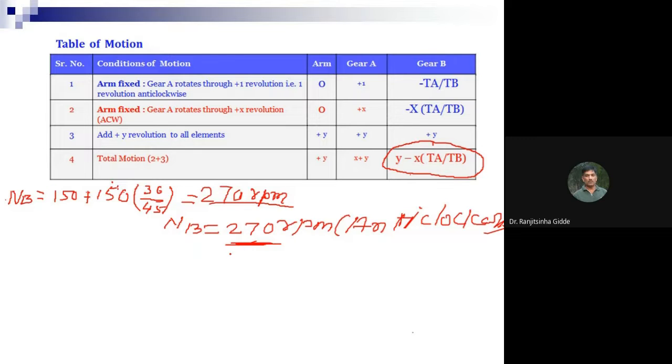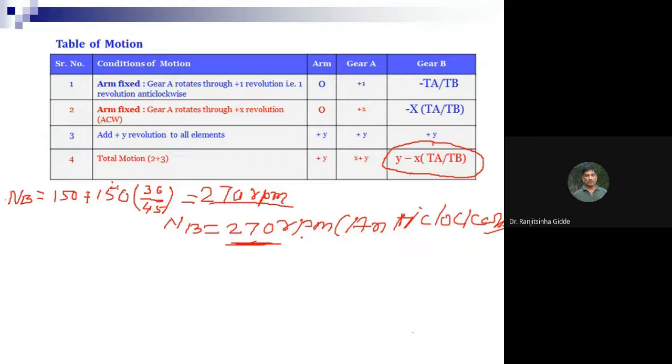So 270 RPM in the anti-clockwise direction. Did you understand this? Hello, understood? Yes, sir.